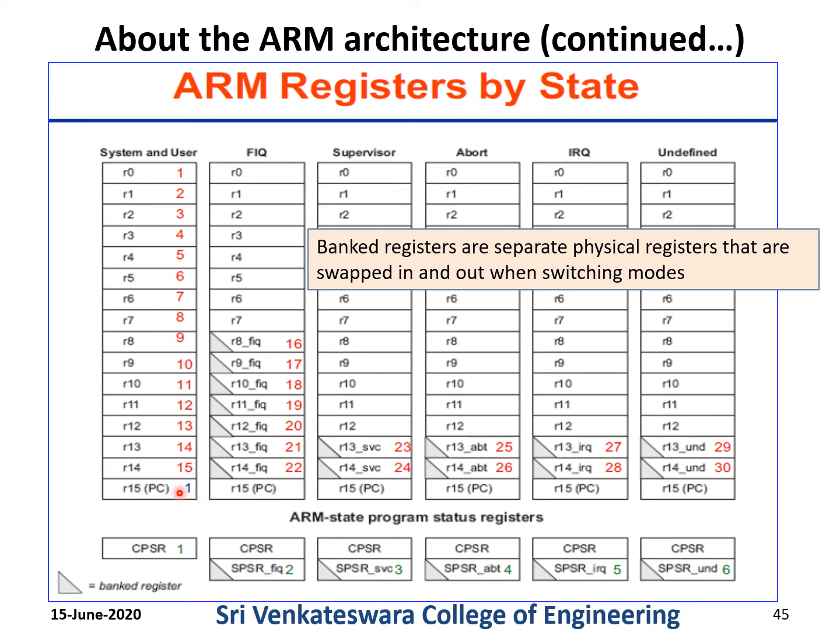Apart from that, there is a program counter. Only one program counter is there. The same program counter is used by all the modes of operation. There is no separate program counter. So a single R15 register is used in all the modes of operation. There is one CPSR register, the current program status register, and the same register is used to store the current status in any mode of operation.